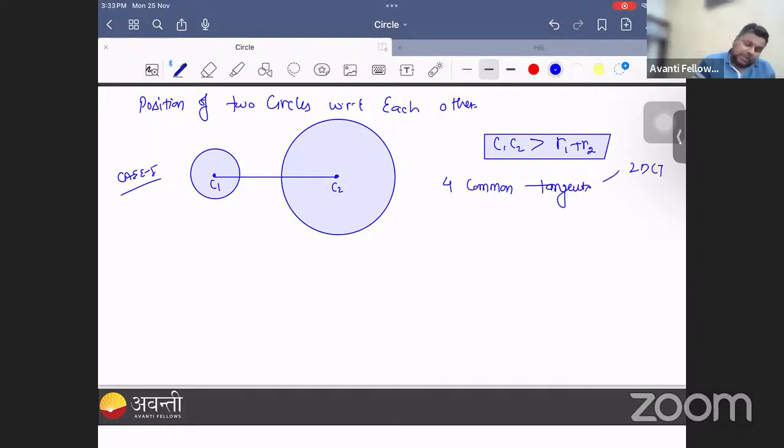You can see one here and similarly one here.